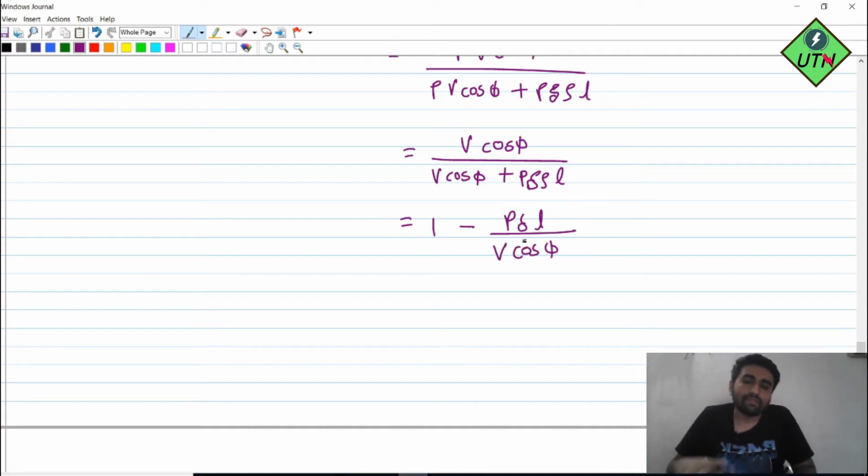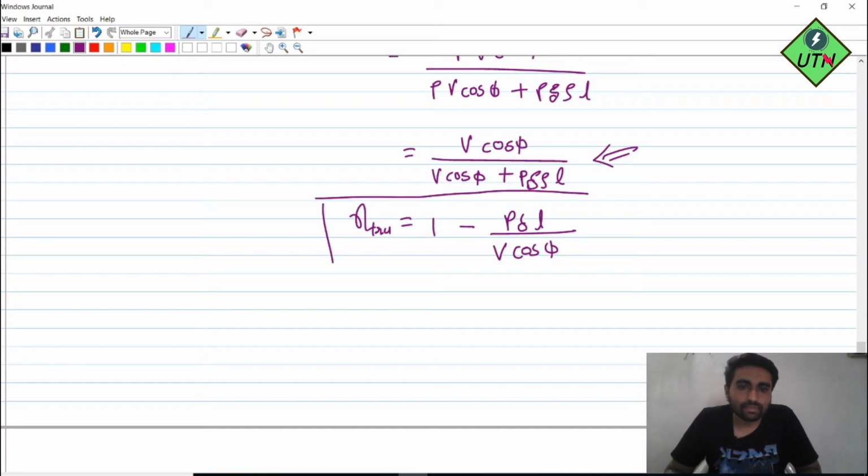So our transmission efficiency is going to be this much, and this we call equation number 4.